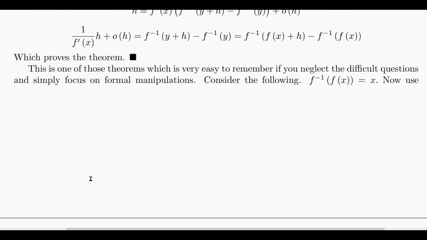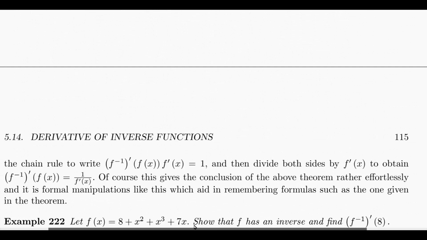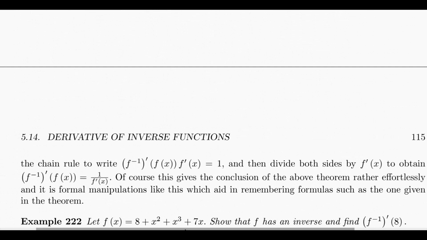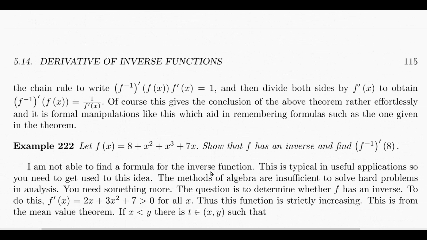Now this is real easy to remember if you don't worry about the mathematical issues. All you do is you write f inverse of f of x equal to x. Now use the chain rule. Just pretend everything's differentiable. It will be. That's essentially what we just showed. And we can then write f inverse prime of f of x times f prime of x is 1.